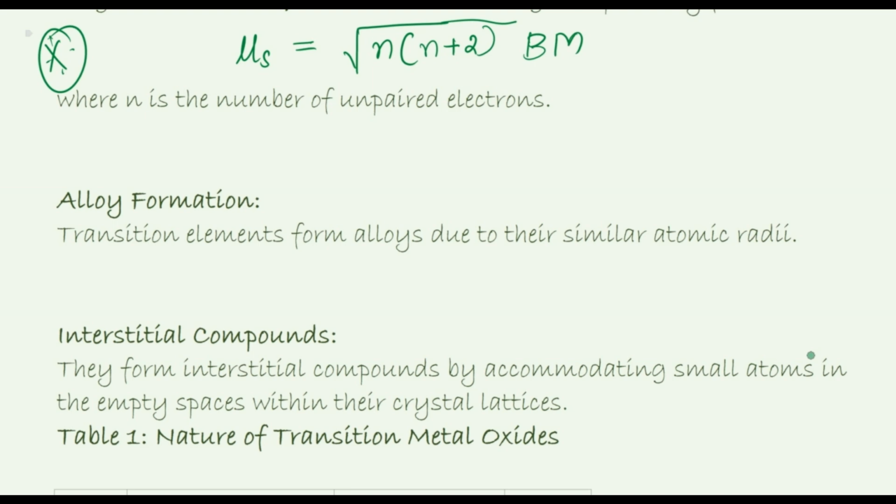Interstitial compounds: in the solid state chapter we talked about how in the in-between space some atoms get occupied because of their smaller size. That's what interstitial compounds are. So these tend to form interstitial compounds.